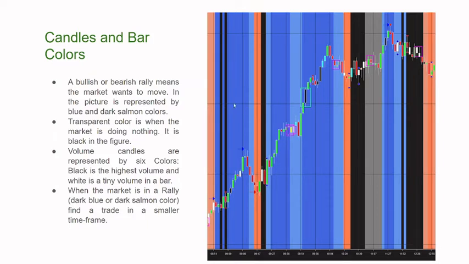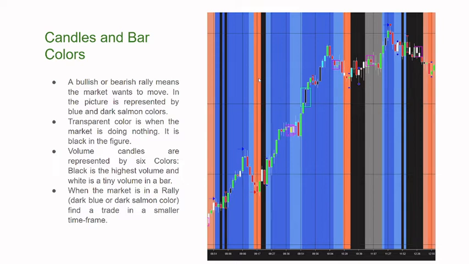We have our candle template, which draws different colors depending on the market movement. We have a fully configured indicator. You can change the colors you want in your chart, but the important ones are this dark blue and this dark salmon.